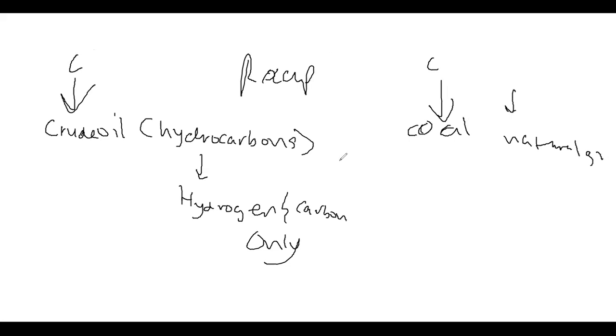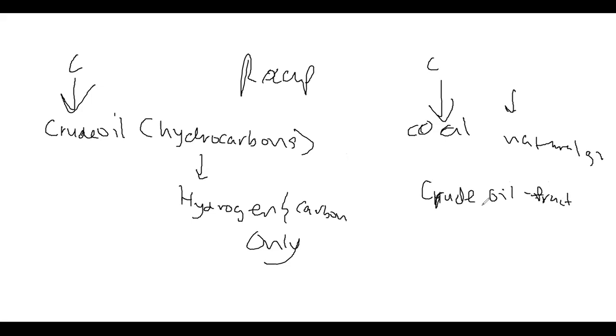Then we learned about basically fractional distillation. We learned that crude oil or petroleum can be separated according to their various liquid boiling points when they condense. So we learned about crude oil and fractional distillation.